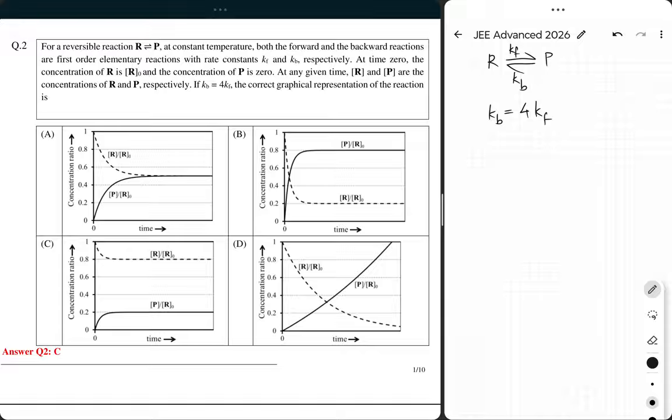So which means that the reaction will kind of look like backward is 4 times larger, so something like this, and 4 Kf is the backward rate constant.